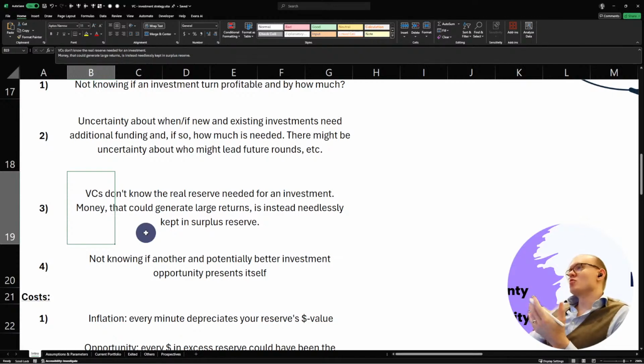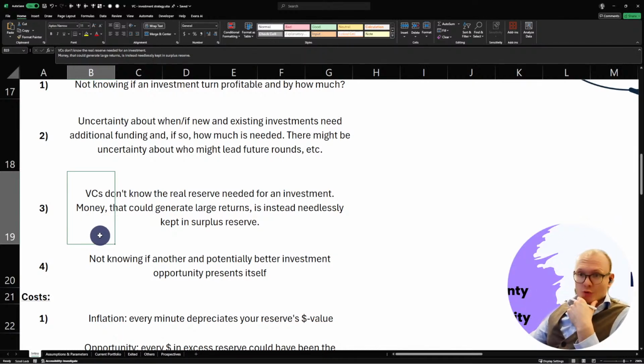And since we don't know what the reserve needs are, that poses a completely different problem about missed opportunities. In particular, the money that we hold in reserve could otherwise generate large returns. We could invest them in other businesses.